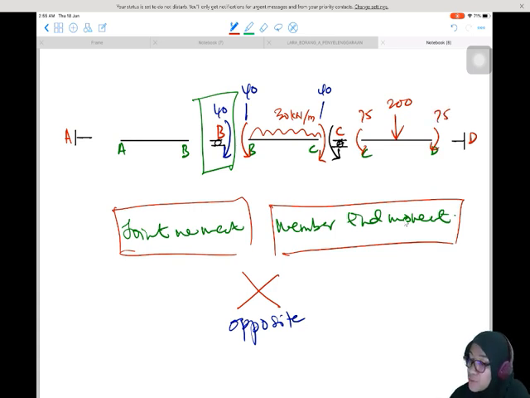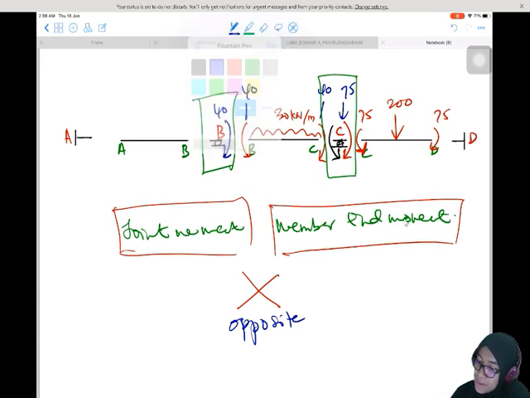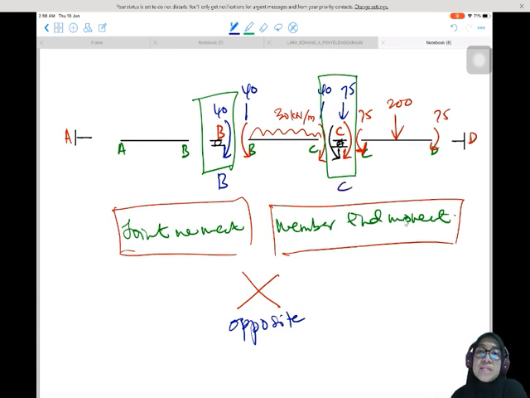And opposite with the 75 is here. Opposite. This is anti-clockwise. This is clockwise. So the moment that we need to distribute is this. This is at joint B, and this is at joint C.